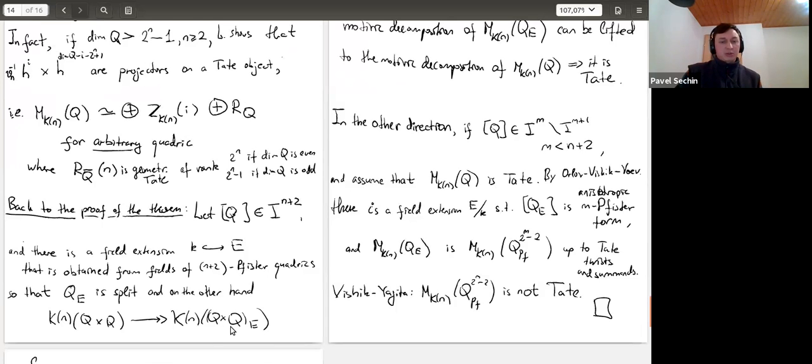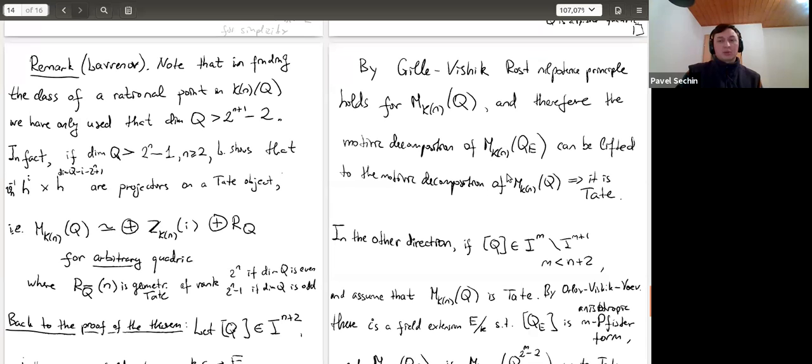Because this is now a split quadric, and you can apply the Rost nilpotence principle, you can lift all the projectors here to here, and see that the motive of the quadric is split over the base field. And this is the end of the proof in one direction.